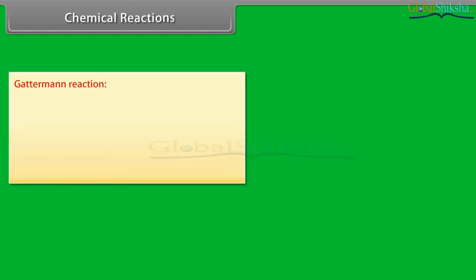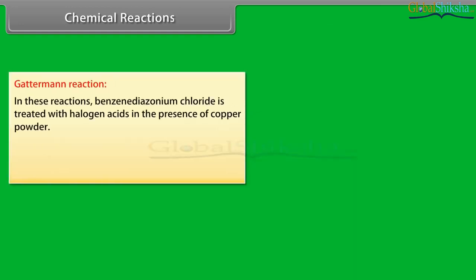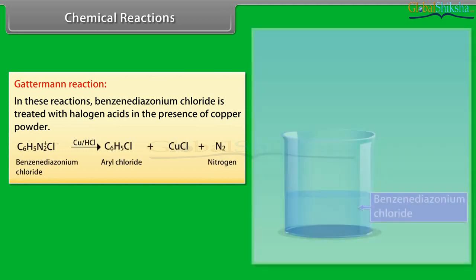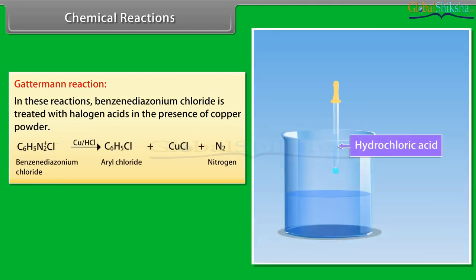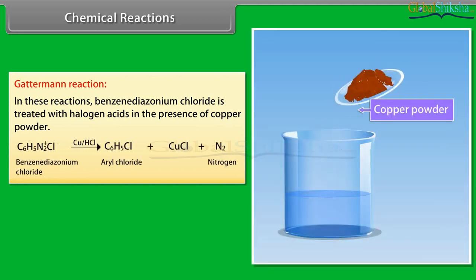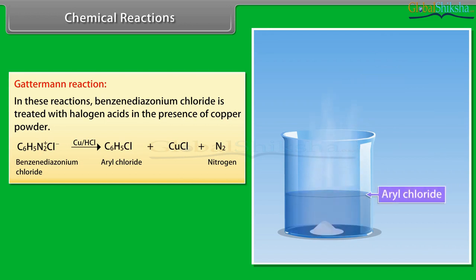Gattermann reaction. In these reactions, benzene diazonium chloride is treated with halogen acids in the presence of copper powder. Benzene diazonium chloride reacts with hydrochloric acid and copper powder to yield aryl chloride, cuprous chloride and liberate nitrogen gas.